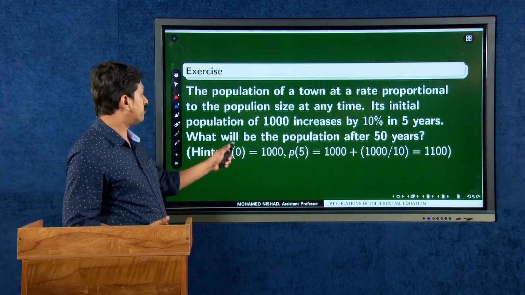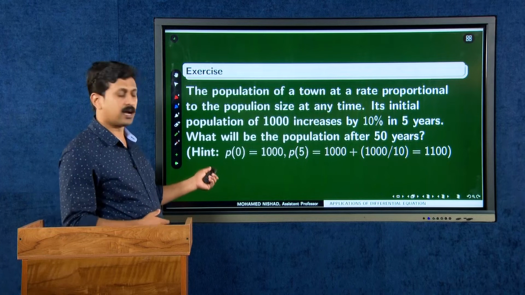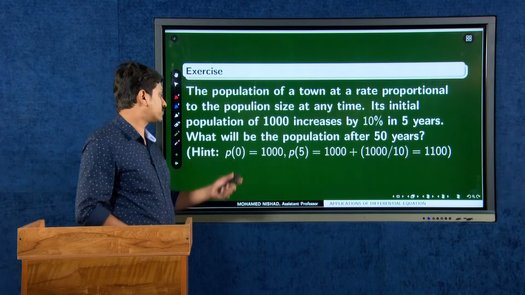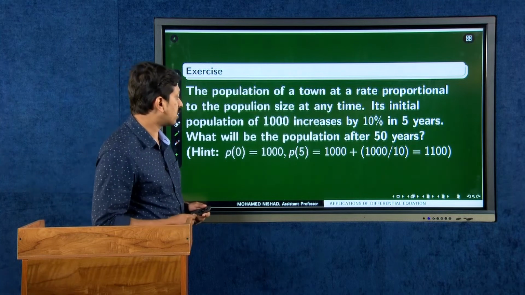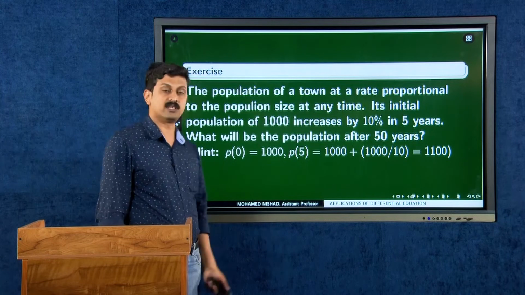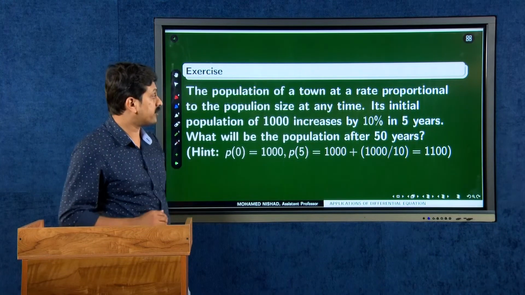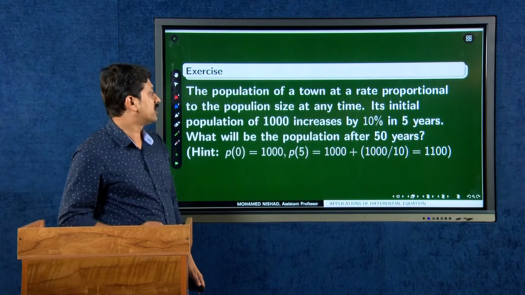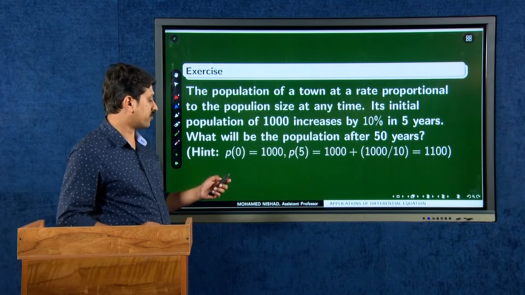What will be the population after 50 years? I am providing a hint: p of 0 is the initial condition, p of 0 equal to 1000, that is the initial population, and p of 5 is 1000 plus 1000 divided by 10, that is equal to 1100.